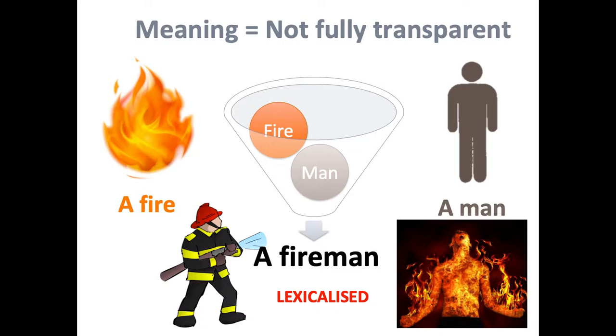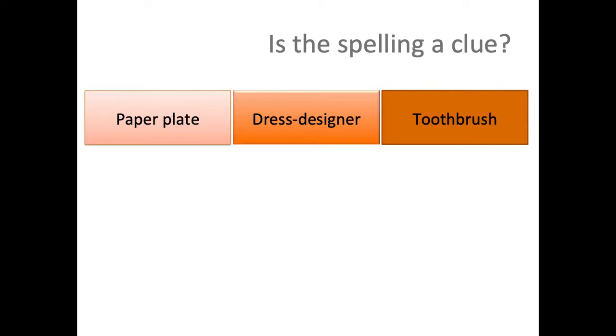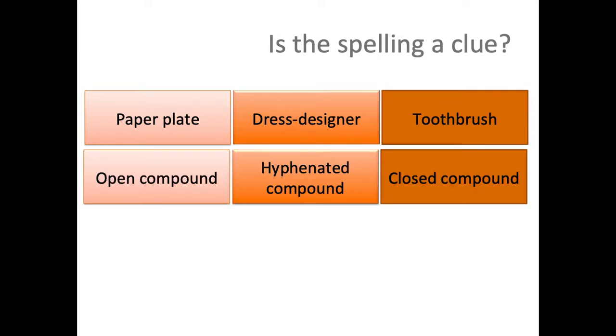Now, remember, we're wondering how to recognize compounds. Now, can we rely on spelling in order to identify compounds? As you can see here, paper plate is an open compound. It's made up of two separate words. Dress designer, well, I said paper plate is an open compound, but we'll look at it in more detail later on.